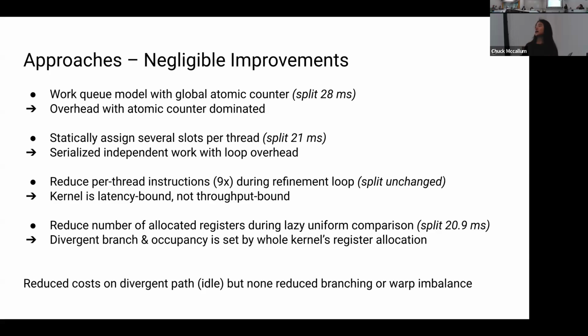In addition to that, I tried to reduce the number of allocated registers, so the number of values that were live at a time for a function that did the lazy comparisons.